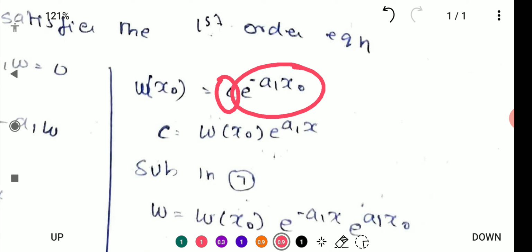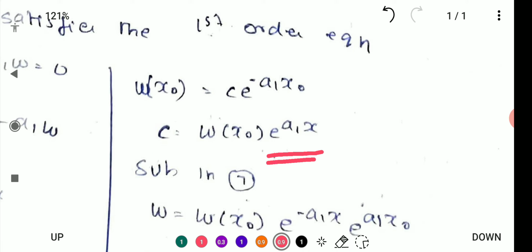So I am bringing this term this side. So c is equal to w of x naught into e power a1 x naught. I will be getting a positive term only, because here it is minus. When we move that side, it will convert into a positive term.